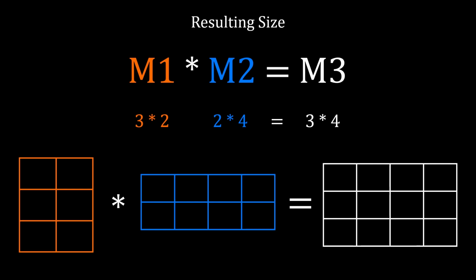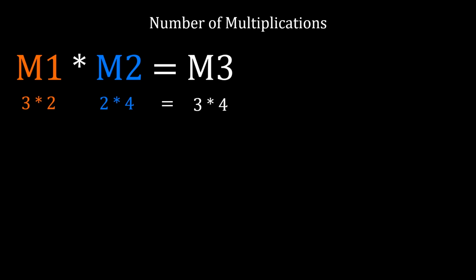So now we need to know how to calculate the number of multiplications that we perform when multiplying two matrices together. So we can use the previous example of M1 times M2, which is equal to a resulting matrix M3.